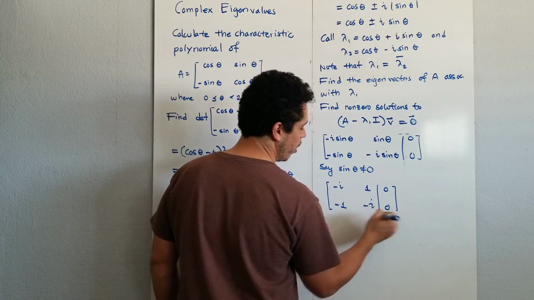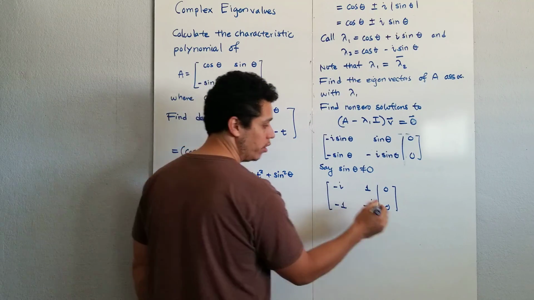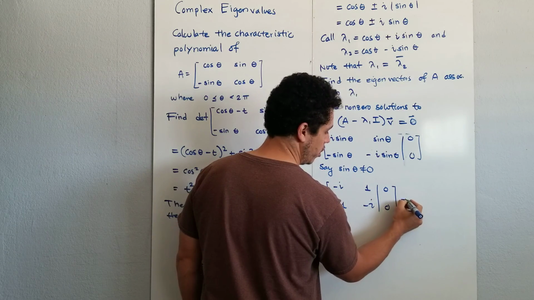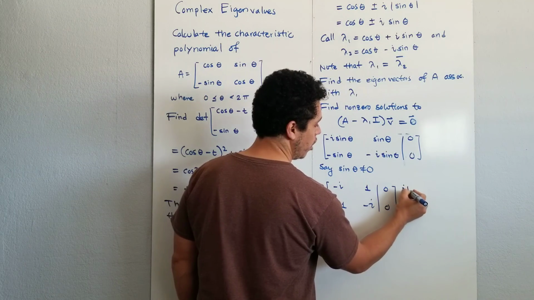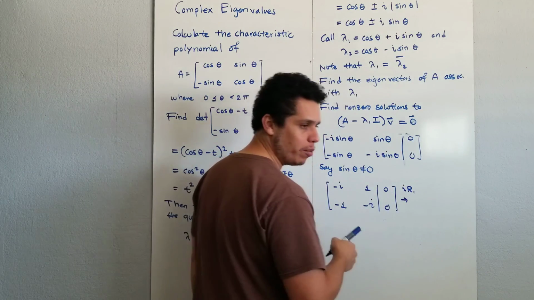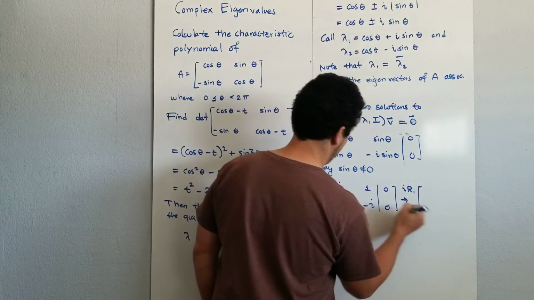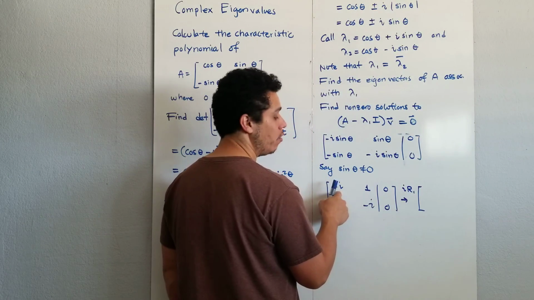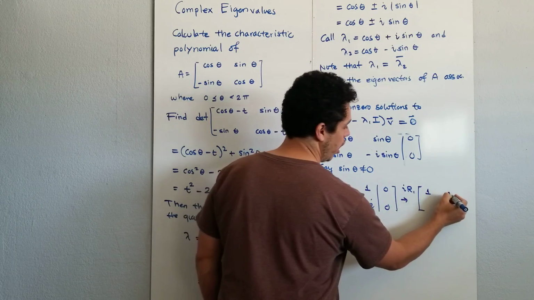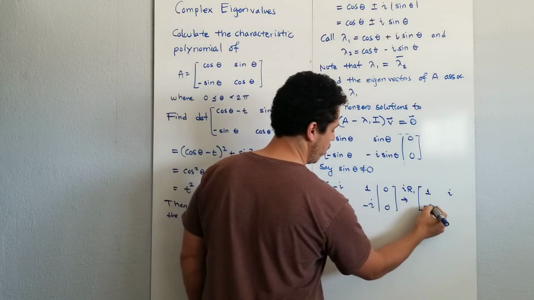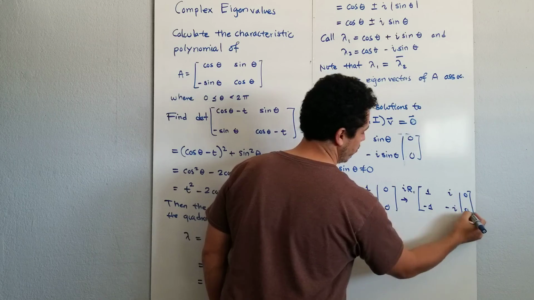Now, if I multiply this row by i, row 1, it's the same type of operations, but now involving complex numbers. So this becomes, well, i times i is negative 1 times negative, it becomes 1. i, expand it over here, negative 1, negative i, 0, 0.